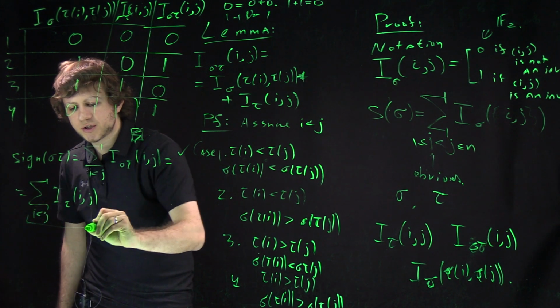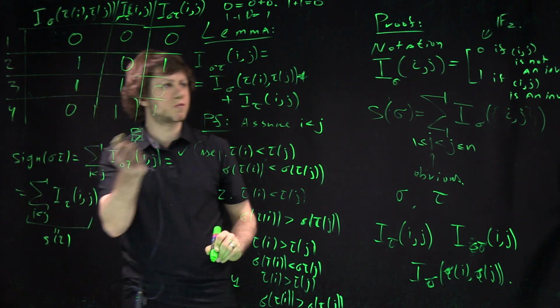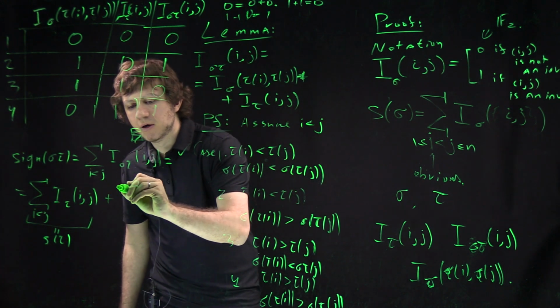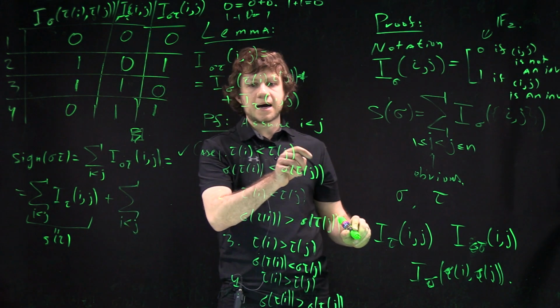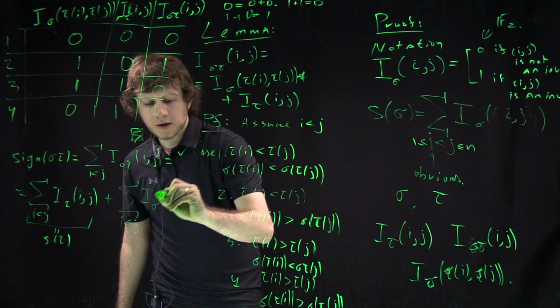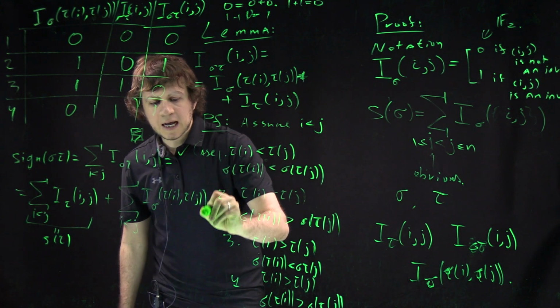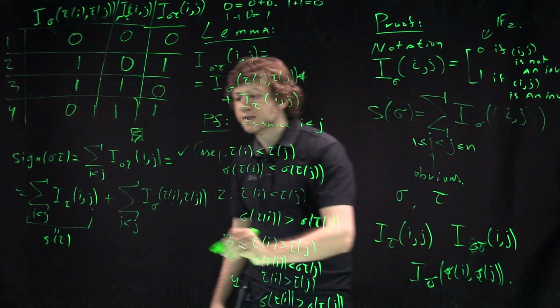So this one is just the sum, the sign of tau, and this is perfect, so this is one of the summands we want. But then we have a weird thing, we have the sum over i less than j of I sigma, and here we have tau of i, tau of j. And that looks puzzling because we now have some complicated sum.